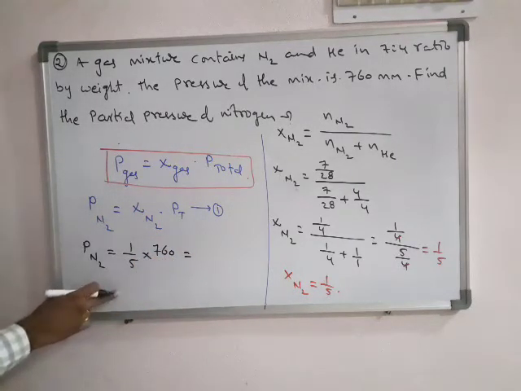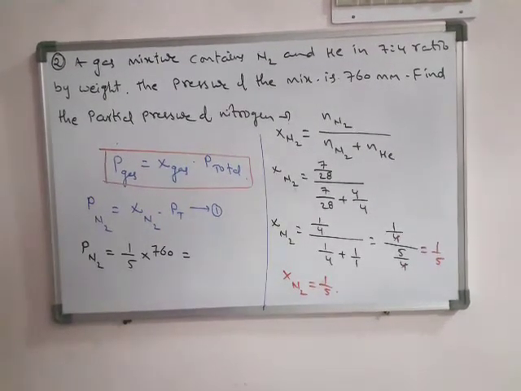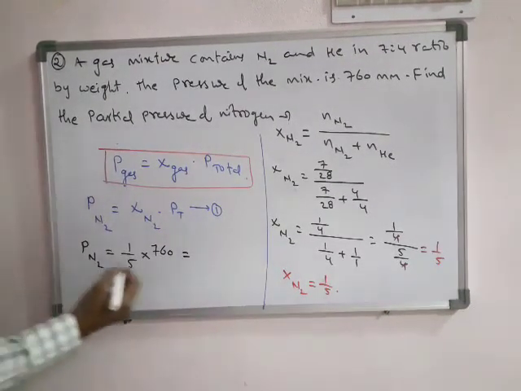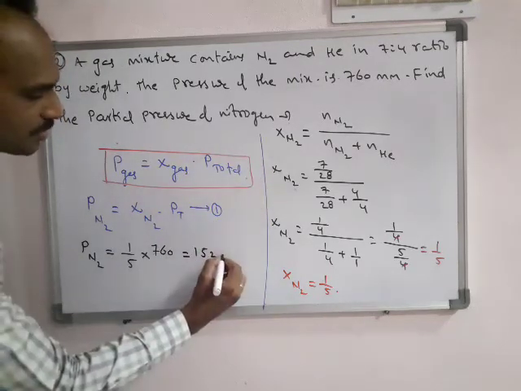Taking 760 and the mole fraction 1 by 5, finally on calculation we will get 152, given in terms of mm.